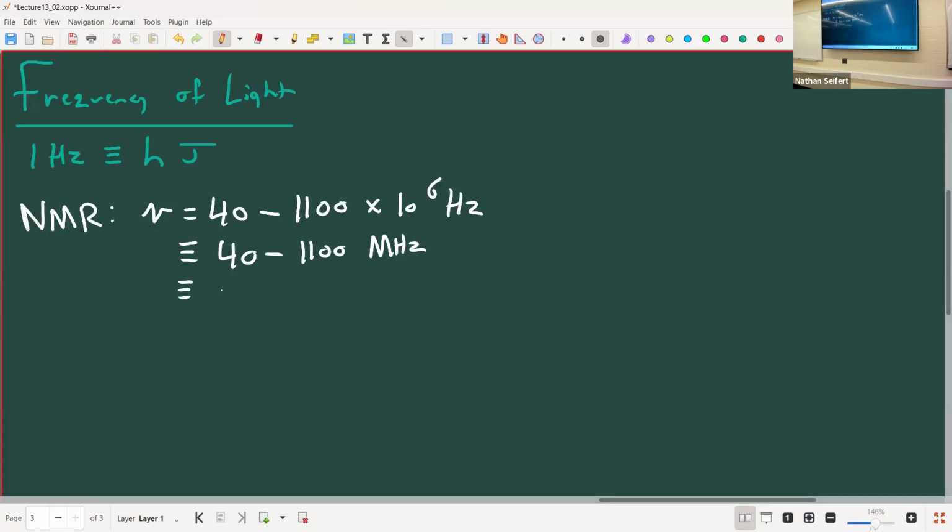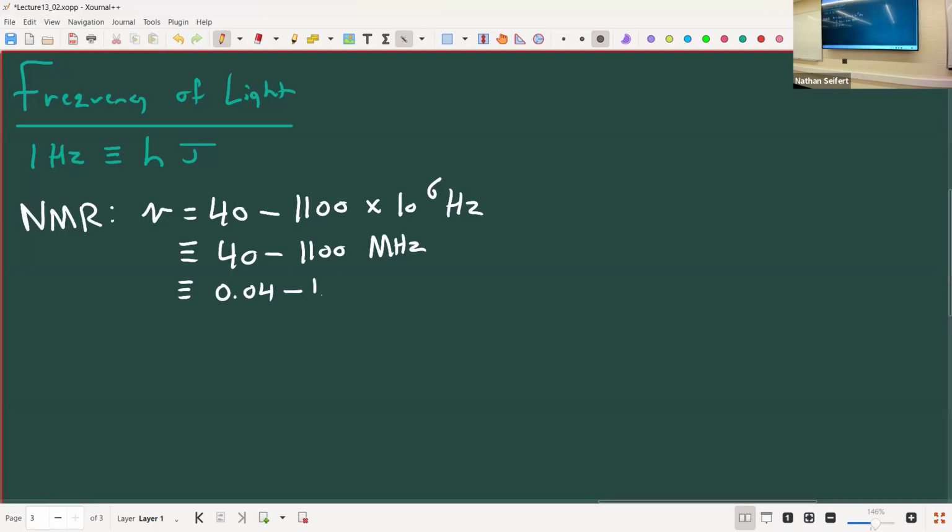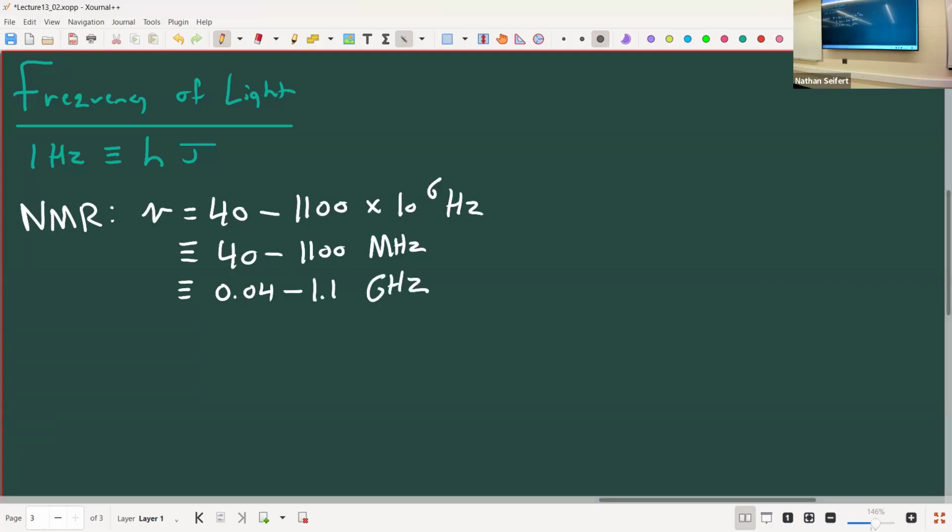Or sometimes we call this 0.04 to 1.1 gigahertz. Okay, so these are the typical frequencies of the spacings in the energy levels of your spins, the spin of the proton inside of your molecules, or for hydrogens, the hydrogen spins.